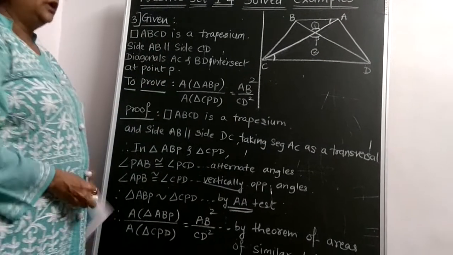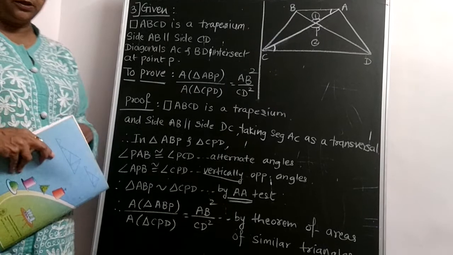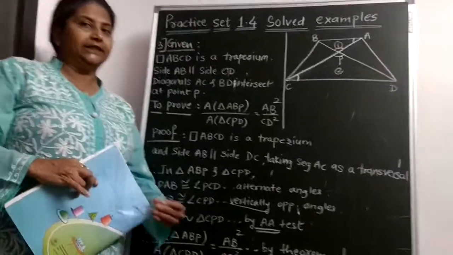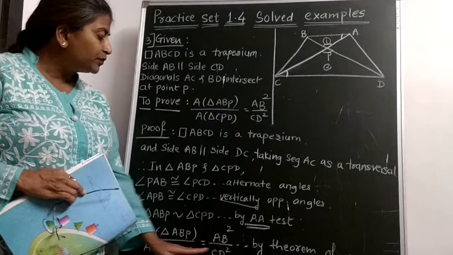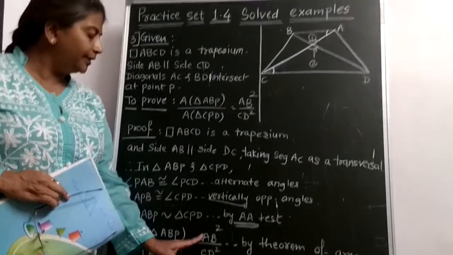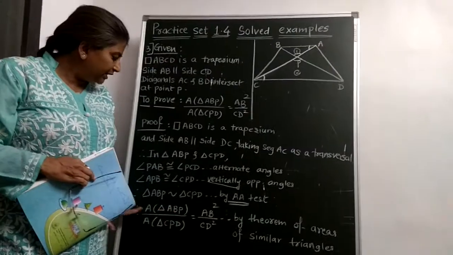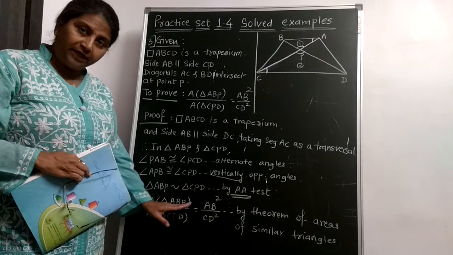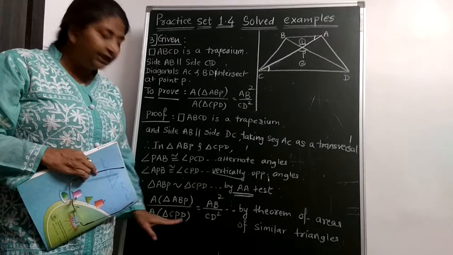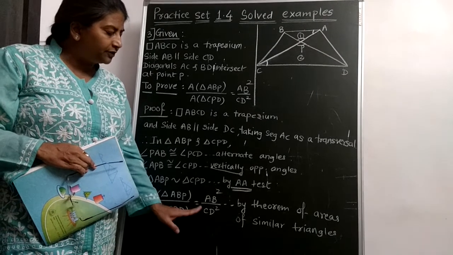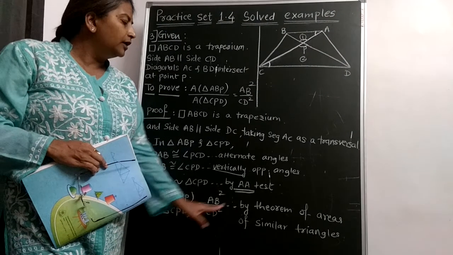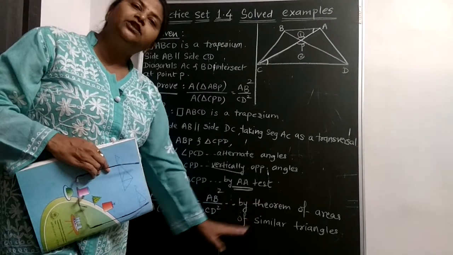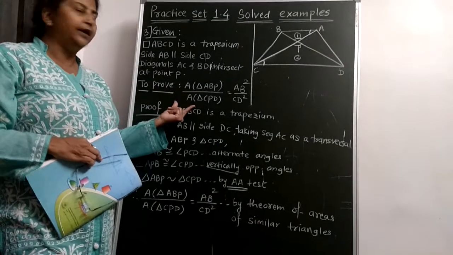And if two triangles are similar to each other, we know that the ratio of their areas is equal to the ratio of the squares of their corresponding sides. It means area of triangle ABP upon area of triangle CPD is equal to AB square upon CD square by the theorem of areas of similar triangles, which we had to prove.